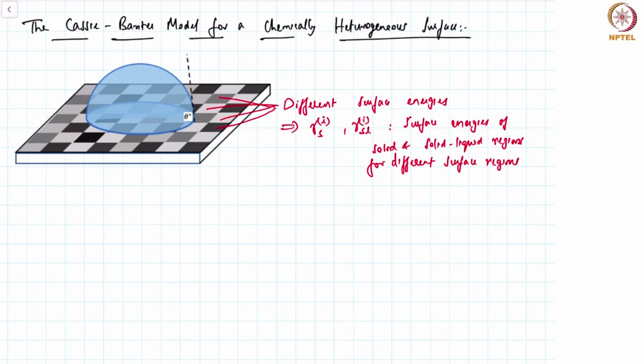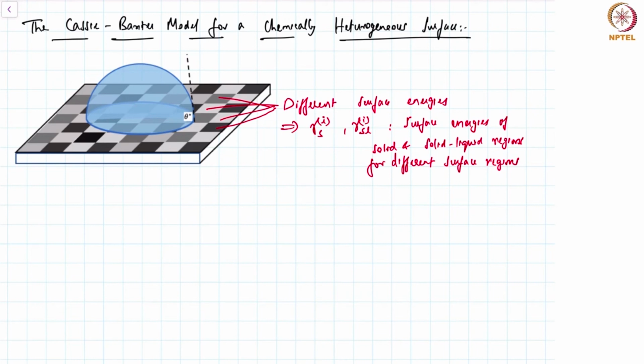So we have different surface regions. The surface regions are roughly modeled in this checkerboard pattern, but it is not necessarily a checkerboard pattern. It could be any other pattern, and each of these surfaces has different surface energies.